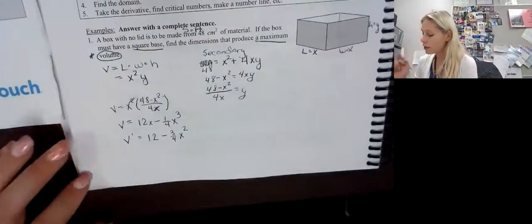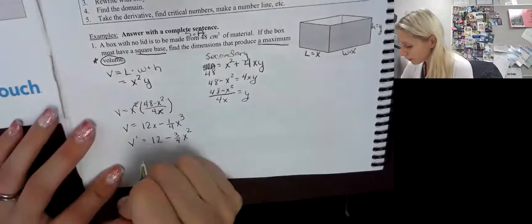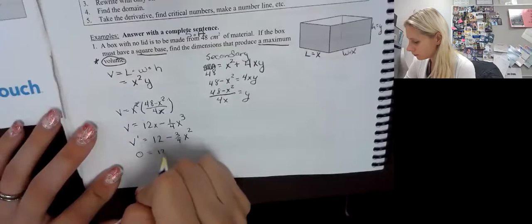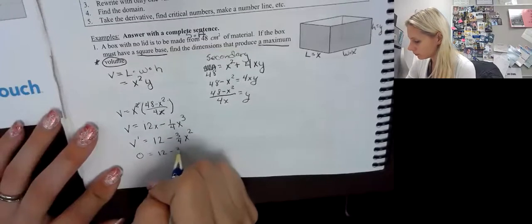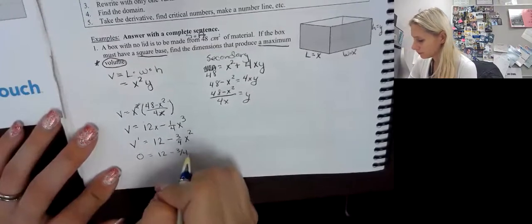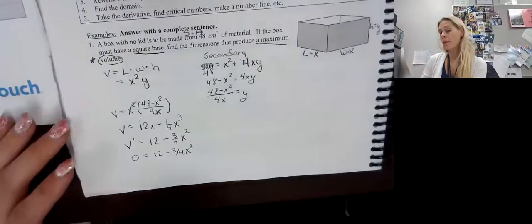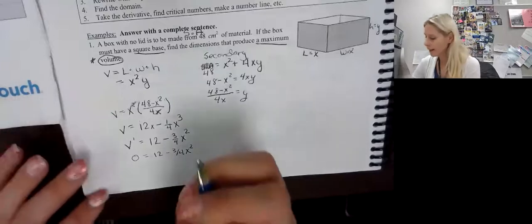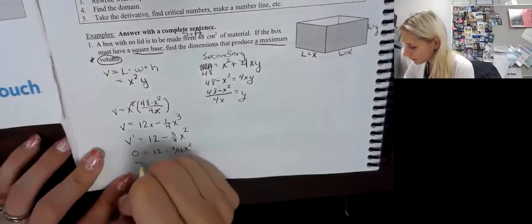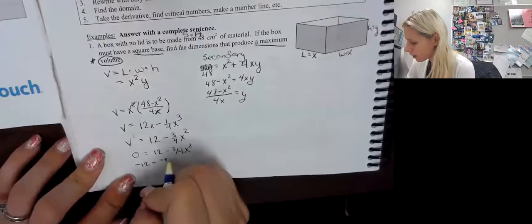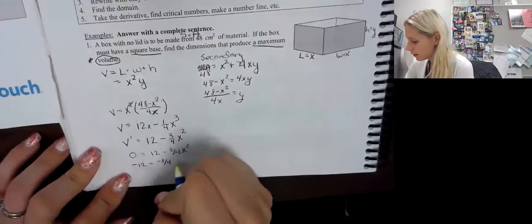We want to find our critical numbers, remember, and that's by setting our derivative equal to 0. Probably the easiest way to solve this one, guys, is just to isolate x. So we get negative 12 equals negative 3/4 x squared.